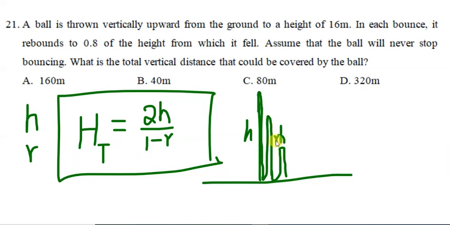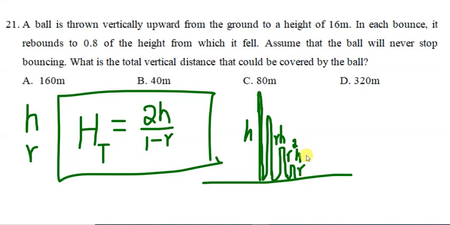R times R becomes R squared times H, and it rebounds again. Assume that the ball will never stop bouncing. That is what the question says. And it rebounds up to a height R times R squared times H, which is R cubed H.